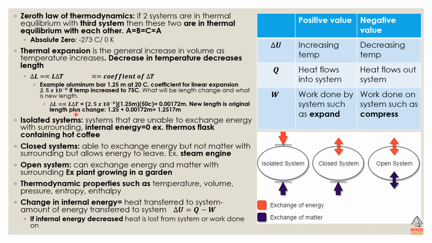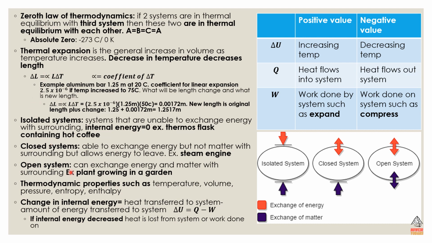Like I said, it's the coefficient times the length, and then times the final minus the initial temperature, which gives us 0.00172 meters. Then it's added to the original length to give us 1.2517 meters. So that's how you calculate thermal expansion.